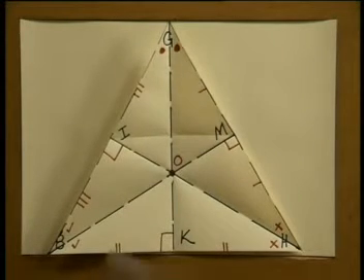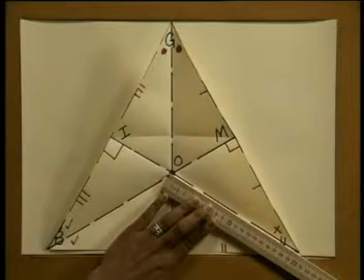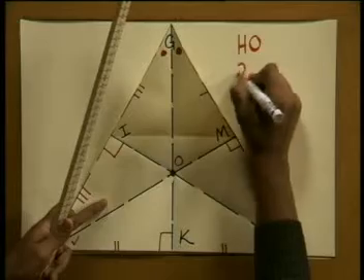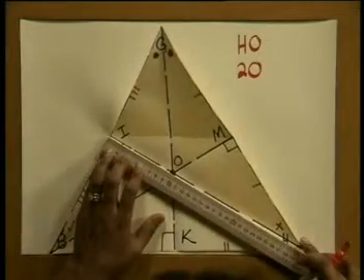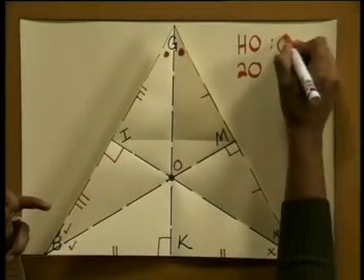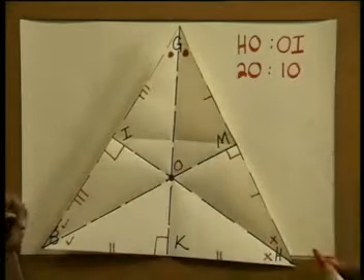Do you think that there might be a relationship between the long and the shorter sides? Let's measure with our ruler and find out. HO measures 20 centimeters. Let's measure OI. OI is 10 centimeters.